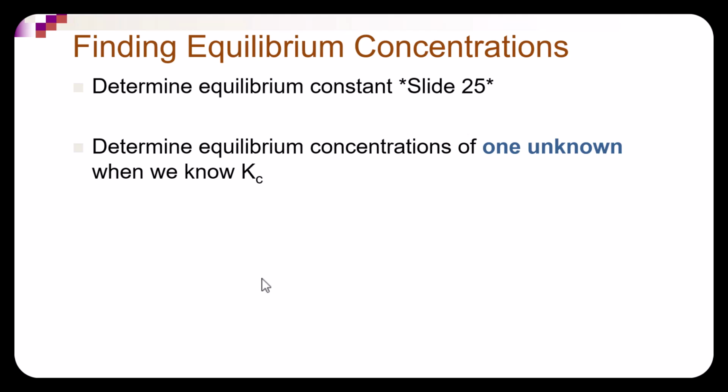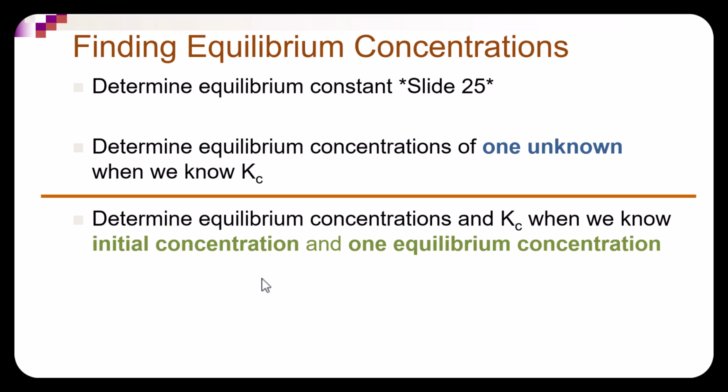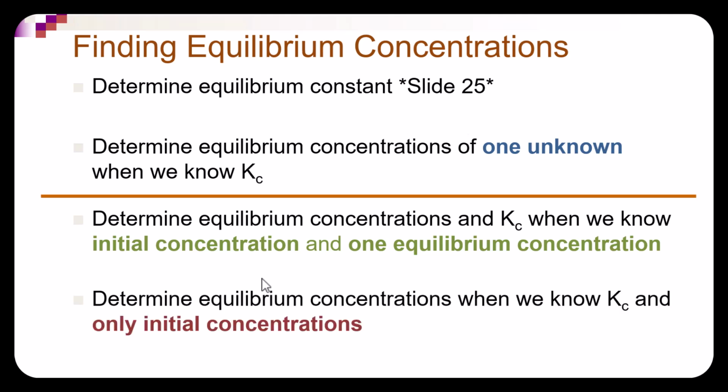determine one unknown. Then the second half of the chapter, for my online students 13b, will entail the following, a line in the sand. The second half will entail determining equilibrium concentrations and Kc when we know a lot of information, and then ultimately determining equilibrium concentration and Kc when we don't know a lot of information.